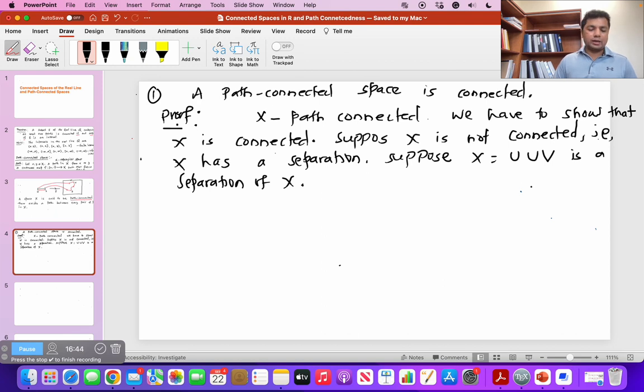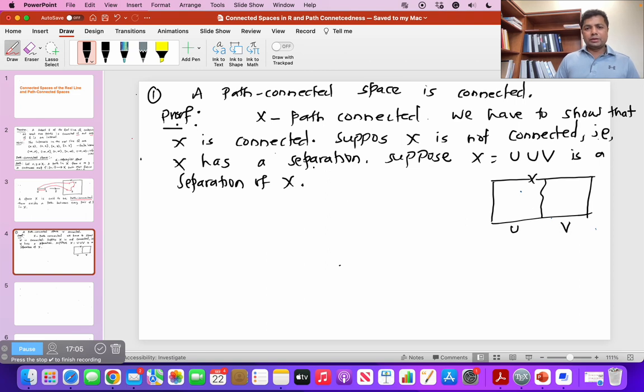Okay, so we have it like this. This is our topological space X, and we are assuming this is the separation of X. This is our U and V. U and V both are open, non-empty and disjoint.